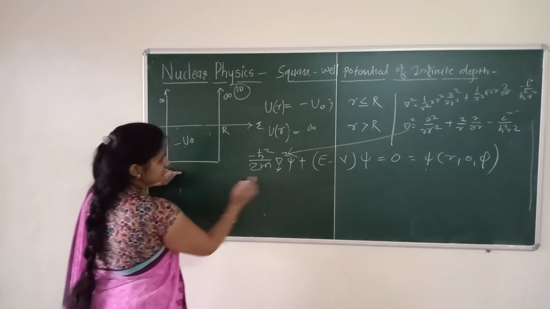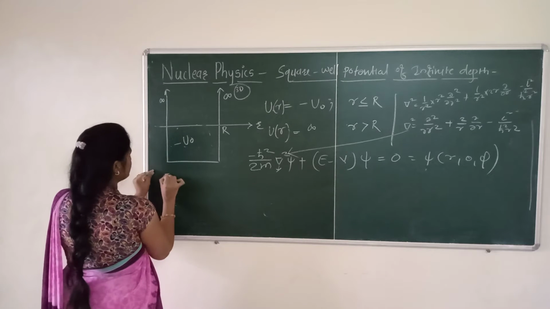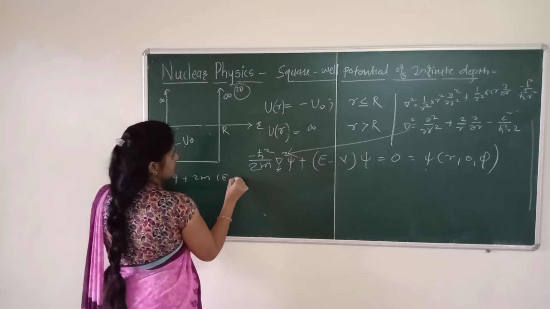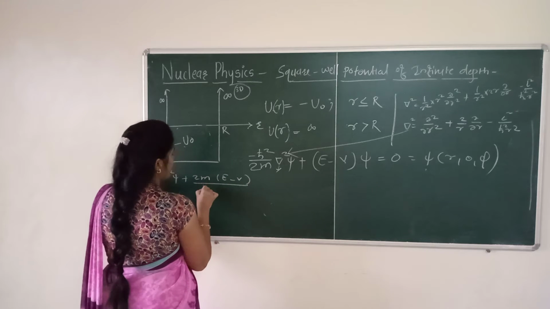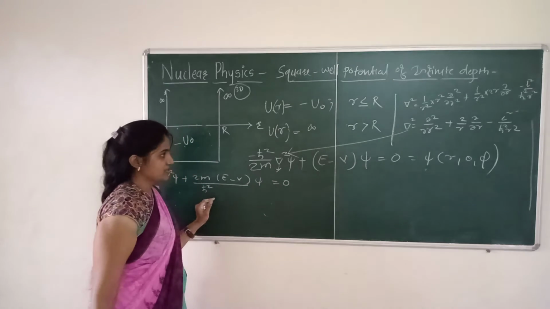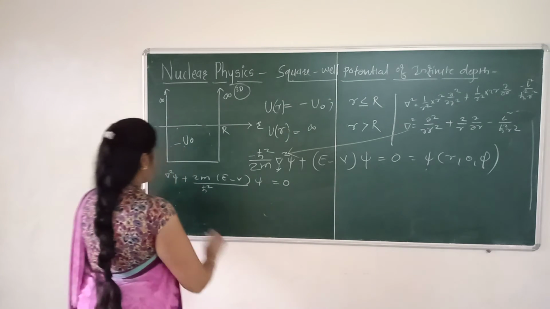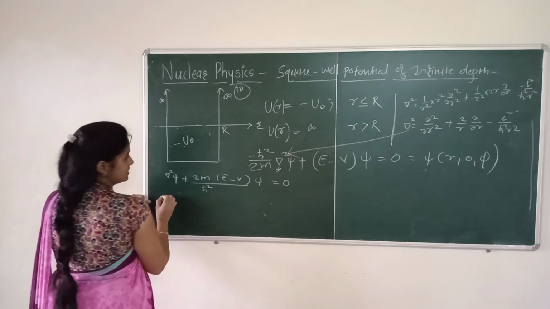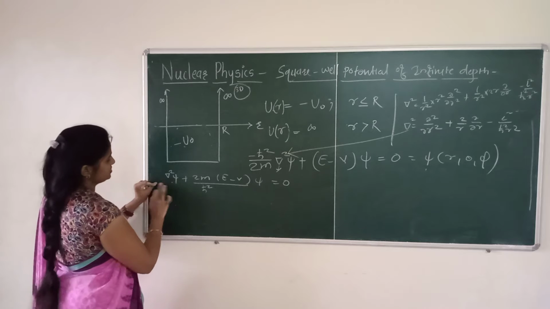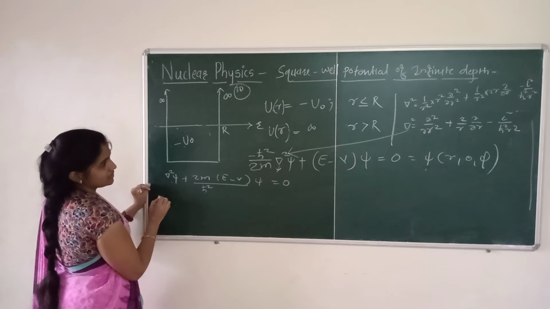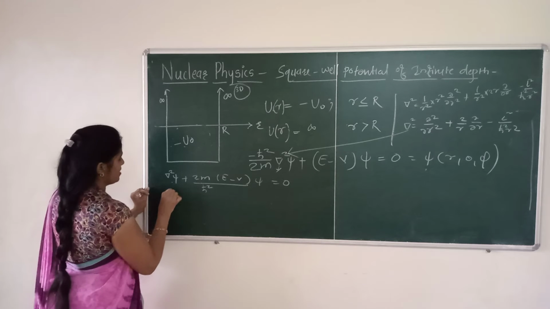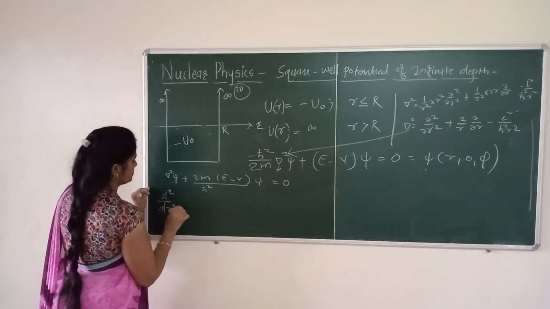Okay, we can write this equation as rearranged like this: del square psi plus 2m (E minus V) divided by h cross square psi is equal to 0. Clear everyone? Okay, means see here what is actually happening. Put the del square values here. What is the value of del square? Dou square by dou r square of psi.